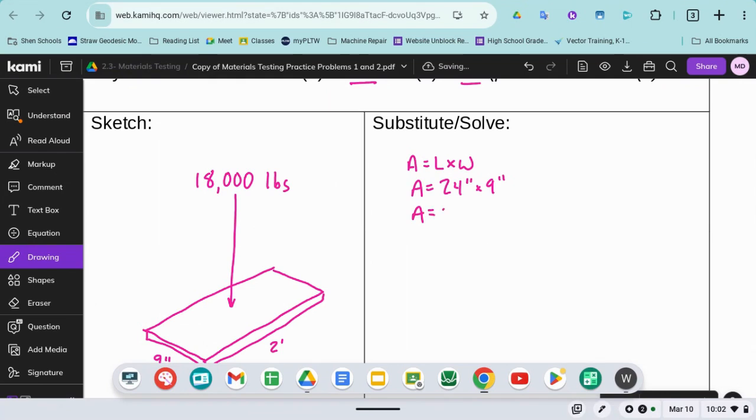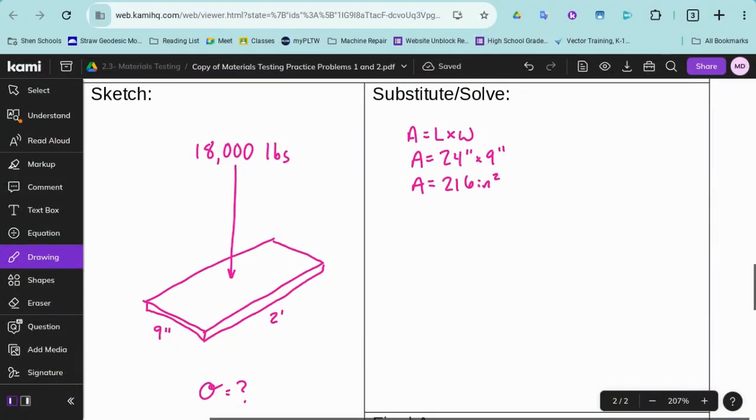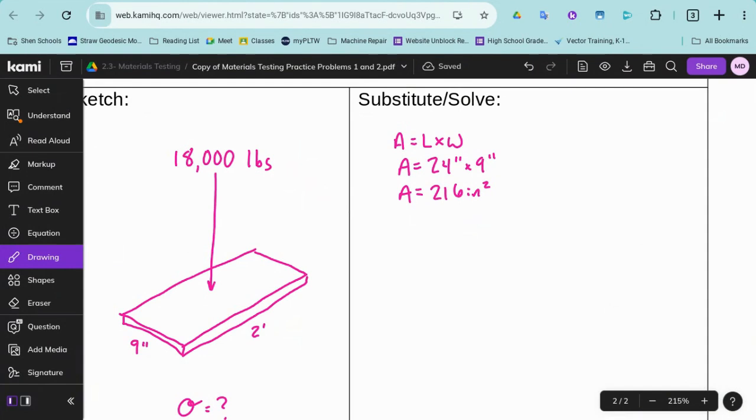And 24 times 9 works out to 216 square inches. Now to look at this in feet, I had a length of 2 feet times a width of 0.75 feet, and that area is going to come out to 1.5 square feet.